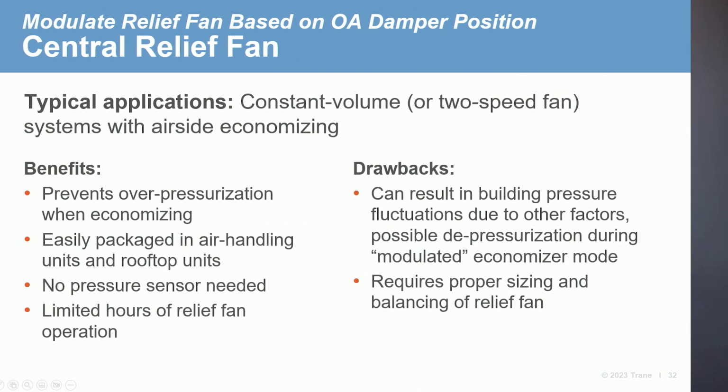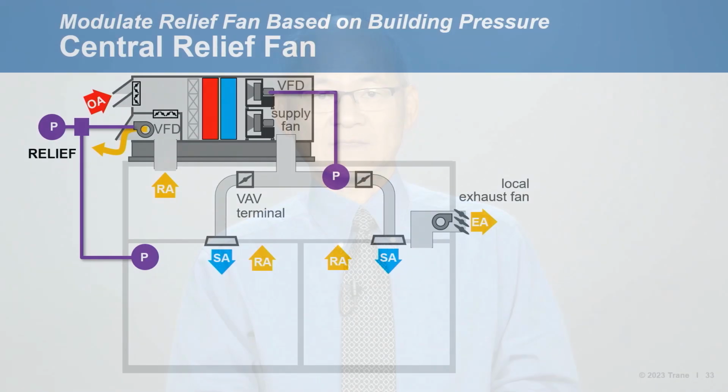A better way to control this relief fan is to measure building pressure directly and then modulate the capacity of the relief fan to maintain this pressure in a desired range. In this case, the pressure sensor measures the difference between the indoor and outdoor static pressures.